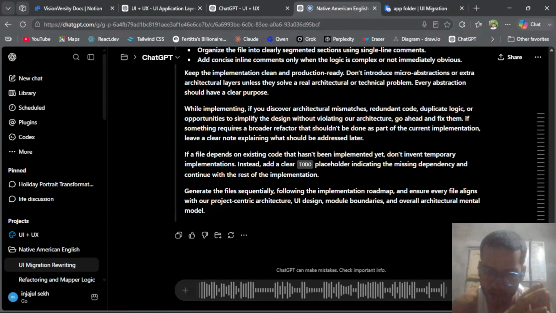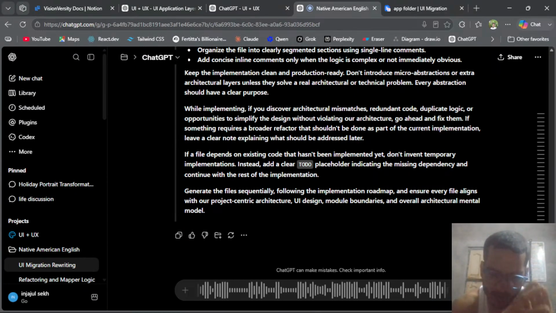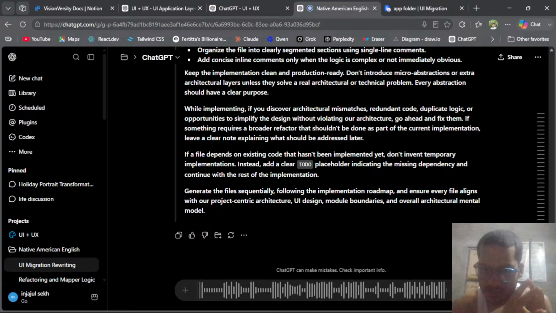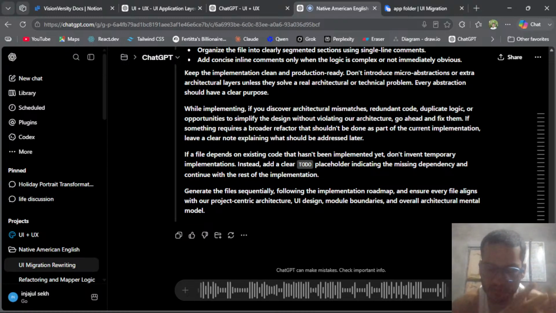And again, when you write code, you have to follow the same pattern as we have been following.